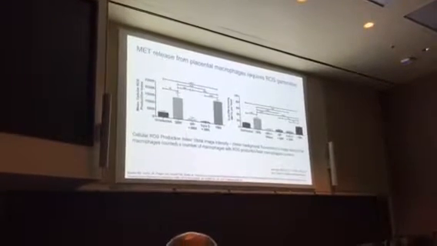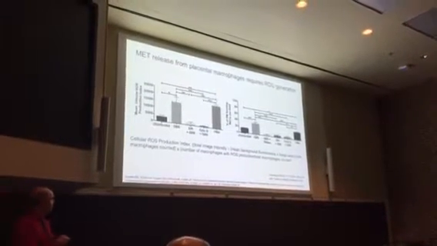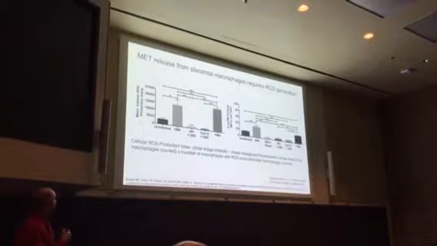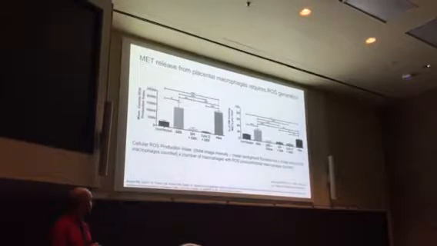If we put that right next to our extracellular trap quantification, we see a similar trend, suggesting that reactive oxygen species are necessary in this case for the release of extracellular traps.